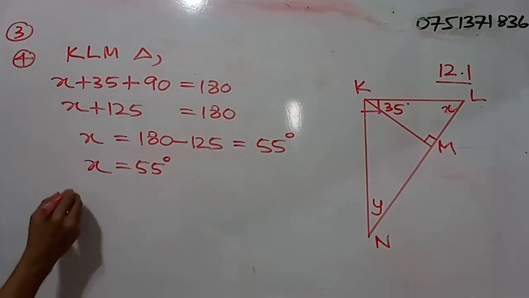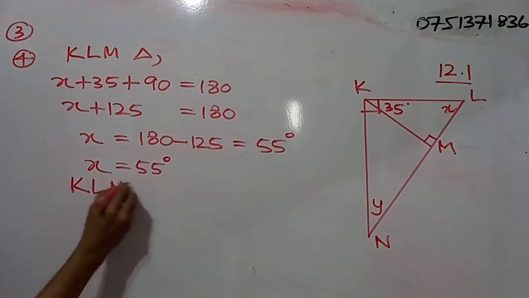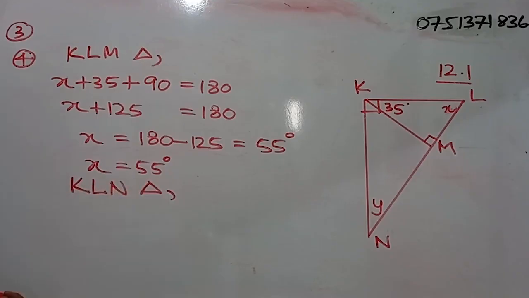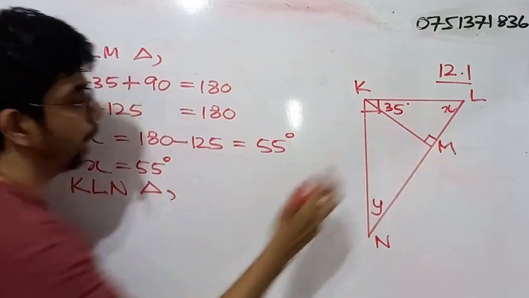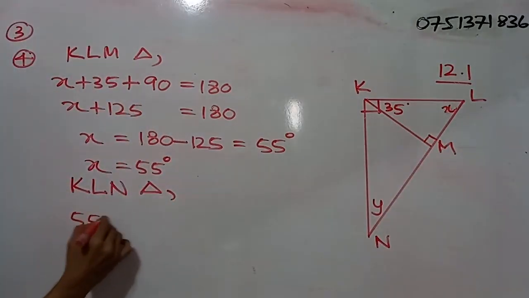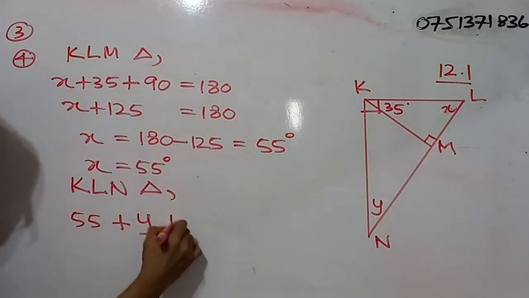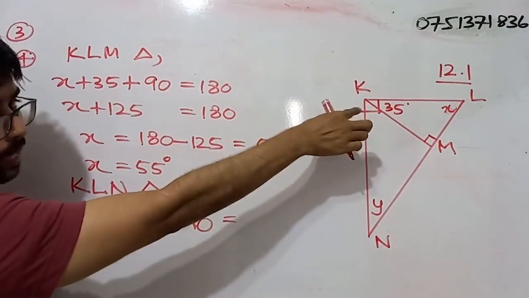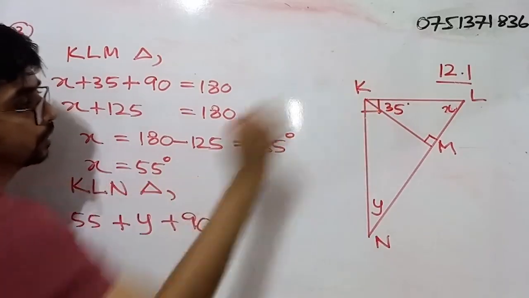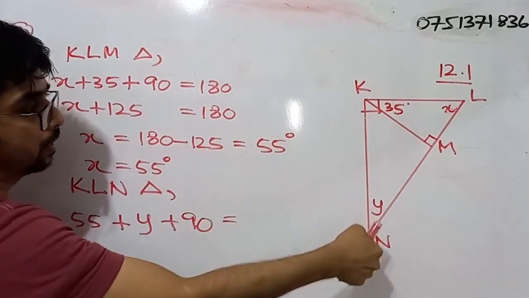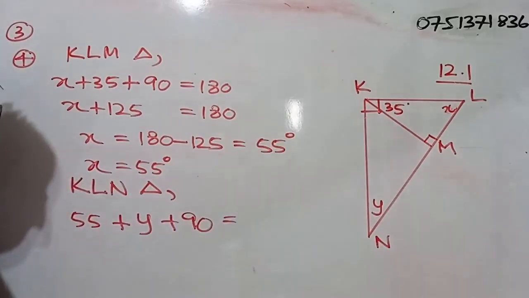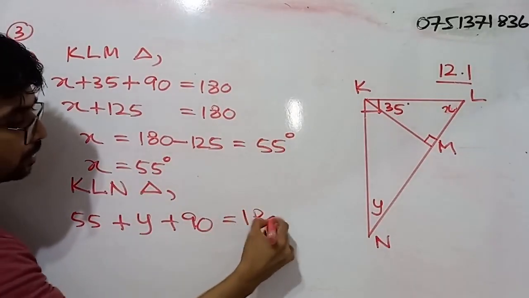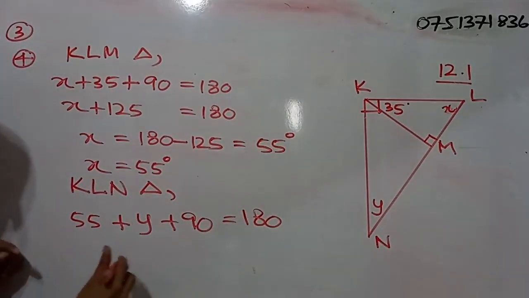Now take the KLN triangle. So there we have x. We have calculated it. So that is 55 plus y. We need to find it. Then we have 90 degrees. This entire angle, that means LKN or NKL, is 90 degrees. So this is equal to 180. So we can simplify this.